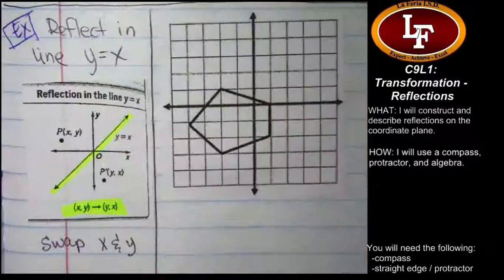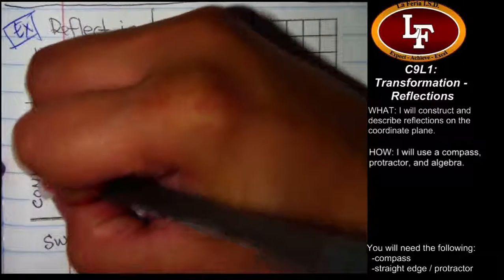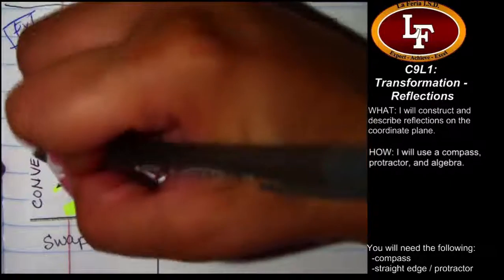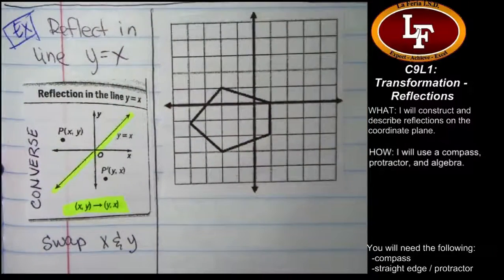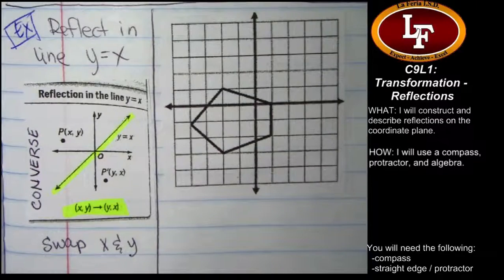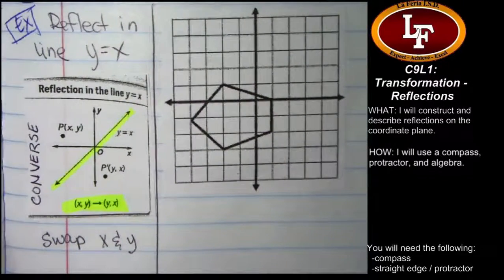Converse. Yeah, and you flipped back to find it. Nicely done. So the reflection across the line y equals x is going to feel a lot like the converse from our conditional statements unit, where we're just exchanging the positions of things without actually changing the values.